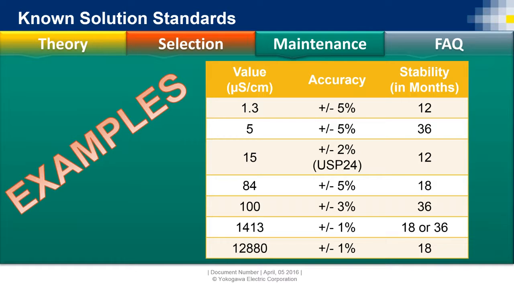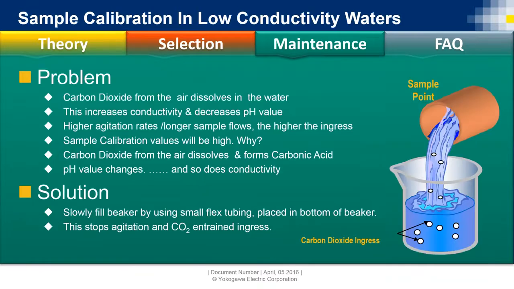So these are good spot checks. If we're comparing our online to a lab meter and they don't match, just like with pH, you start pulling out those pH buffers. Conductivity has the same capabilities. The problem with your ultra pure water, your low conductivity, is that carbon dioxide can seep in through that membrane and dissolve.